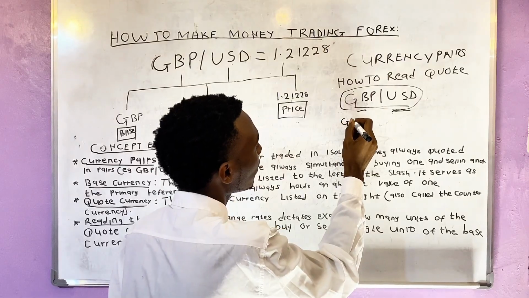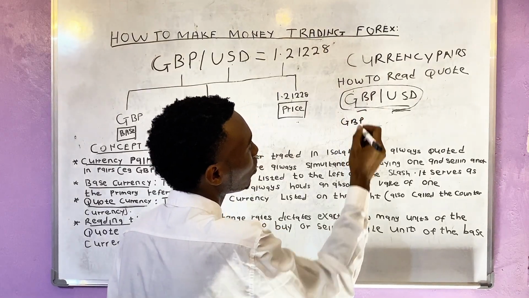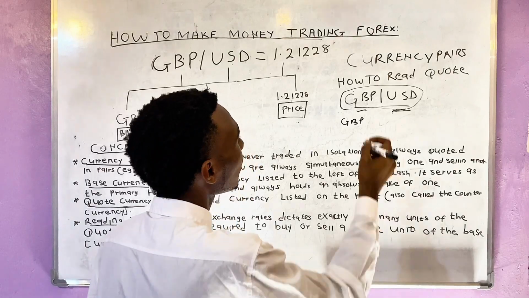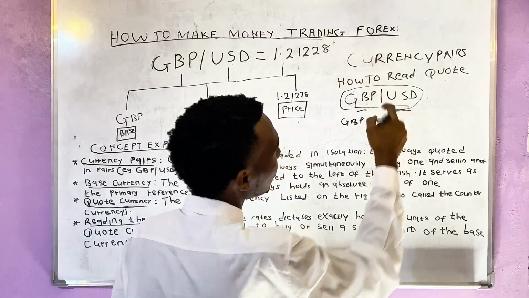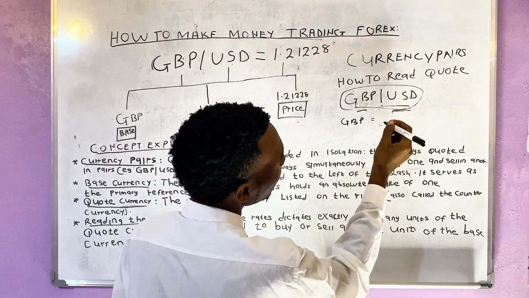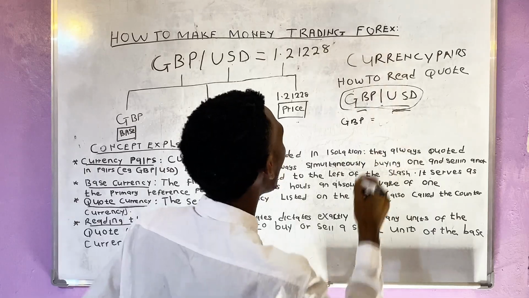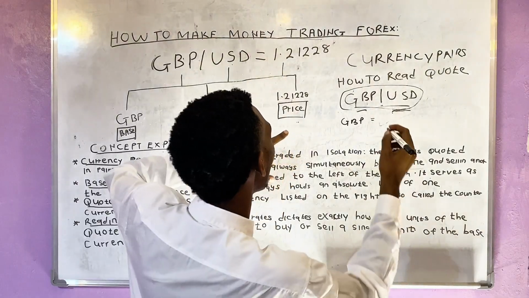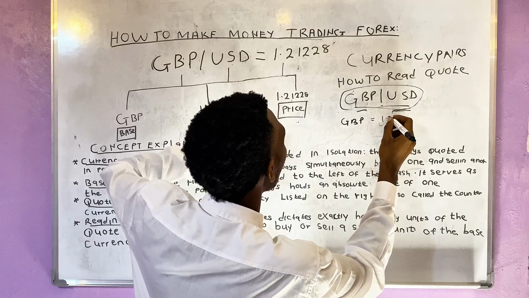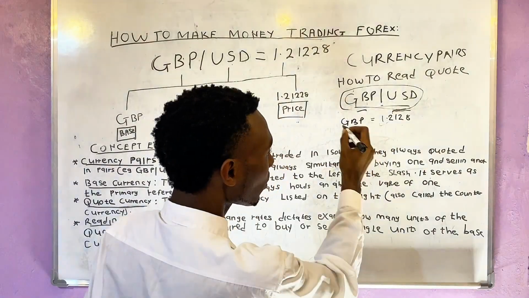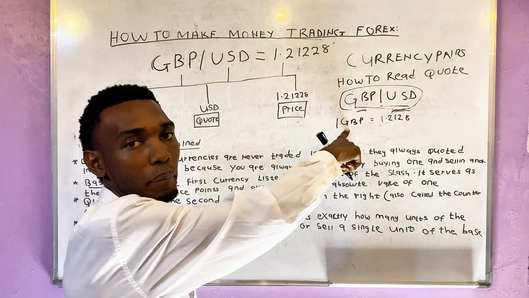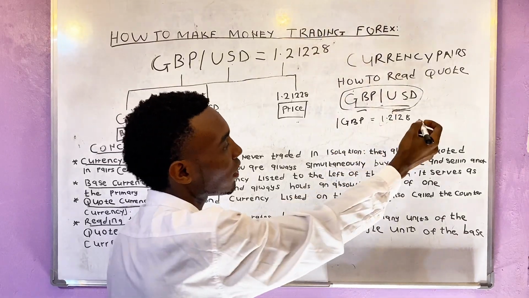GBP, which is the base, equals, now this slash means equals, the price 1.2128, meaning 1 pound equals this many dollars.